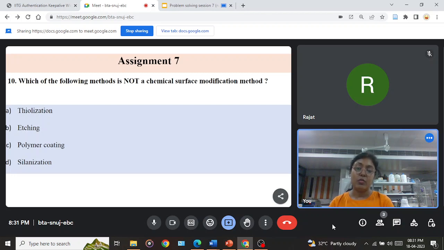The options here are A, thiolization, B, etching, C, polymer coating, and D, silanization. Can you recall what these are?